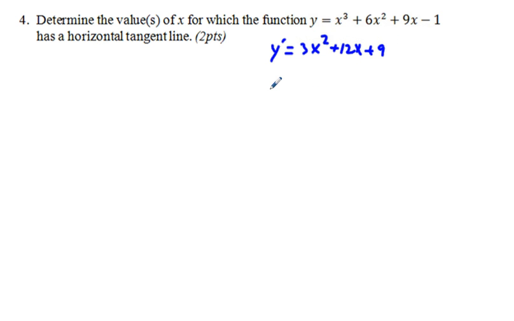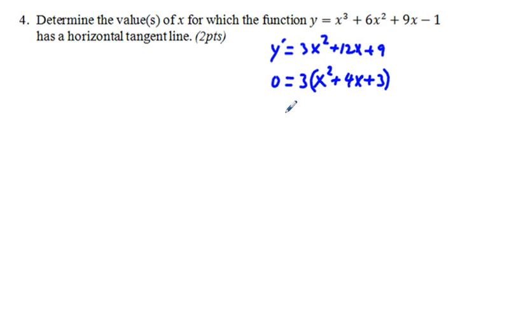And to find a horizontal tangent line, we're trying to find the values of x where the derivative will be equal to 0. So we're going to replace y prime with 0, and we're going to factor this quadratic trinomial by taking a 3 out front. So 3 times quantity x squared plus 4x plus 3.